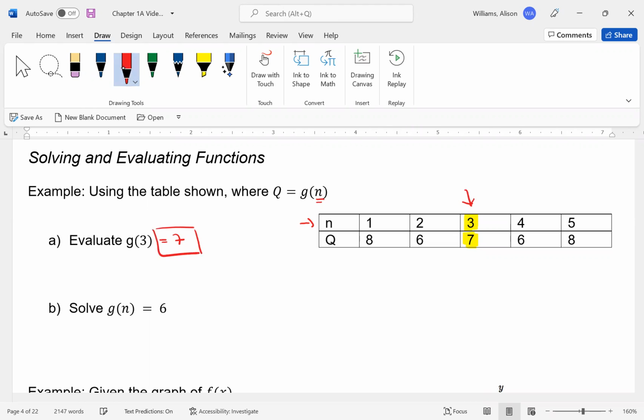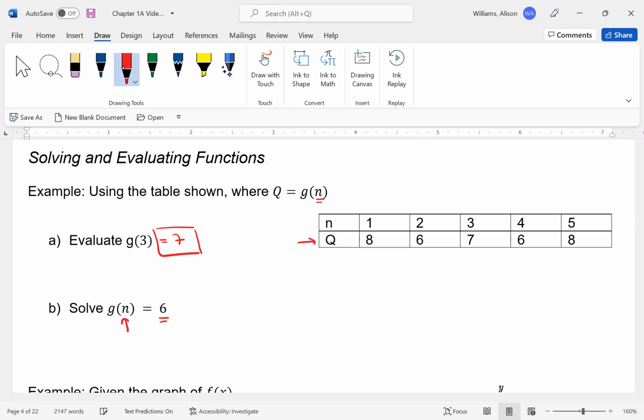Now this one's a little different. This one is giving me not the input, but the output. They're telling me it equals 6, and they're asking, what's the input for that? So that changes it. That means I no longer look at the n's, but at q.